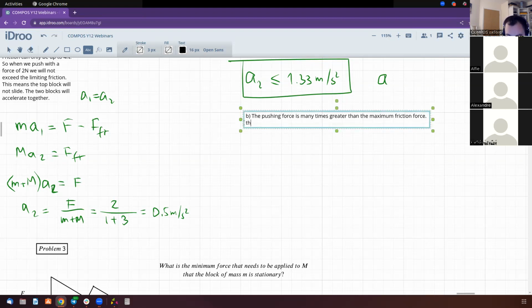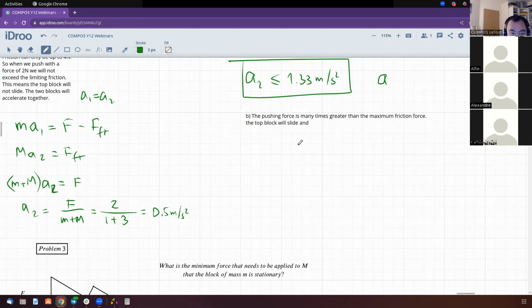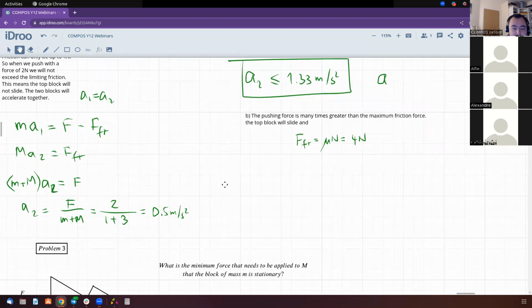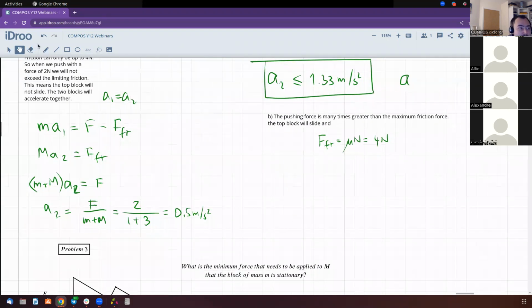Therefore, the top block will slide, and the force of friction is equal to mu n, which is equal to 4 newtons. And now we can solve it. So we have m A1 is equal to F minus force of friction. m A2 is equal to force of friction.